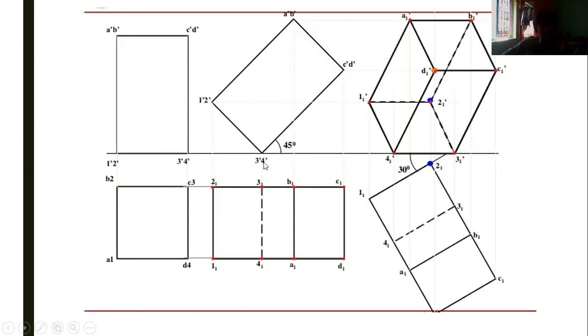The same drawing I'll repeat here at an angle of 45 degree. Copy the same drawing over there, draw the projection lines from there also, and finally you will get this figure.